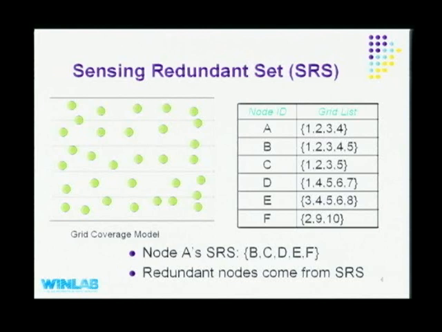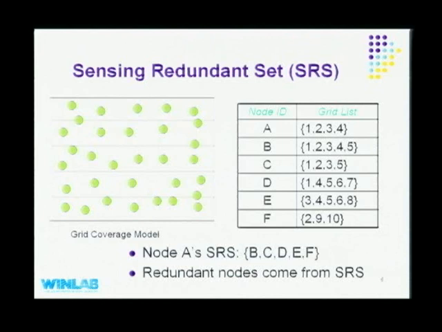So this way, we can understand the sensing redundant set. So what is the sensing redundant set? For a node, its sensing redundant set is all its neighbors which have partial or complete coverage of its grid points. For example, we use A as an example. Because B covers 1, 2, 3, 4, which are part of A's grid list, we say B is in node A's sensing redundant set.